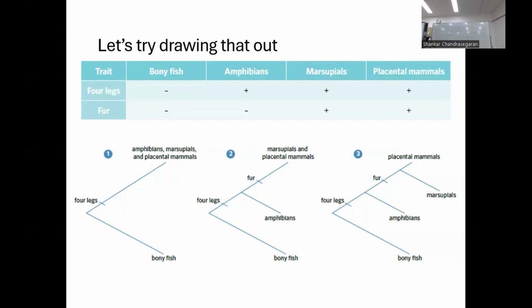Okay, so it's step by step. First, identify the outgroup by determining which one has the least or no homologous structures with the others. That means it would have diverged very early on, at the very root. So we have our bony fish and our amphibians, marsupials, and placental mammals. Since they share homologous structures, they are most likely going to be under the same lineage.